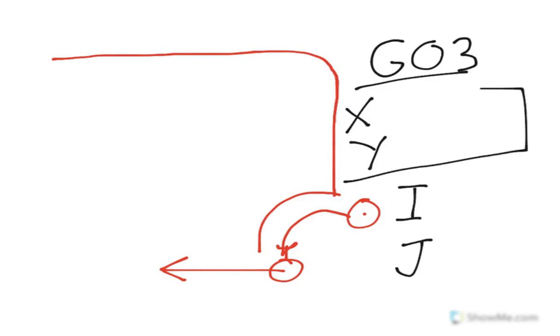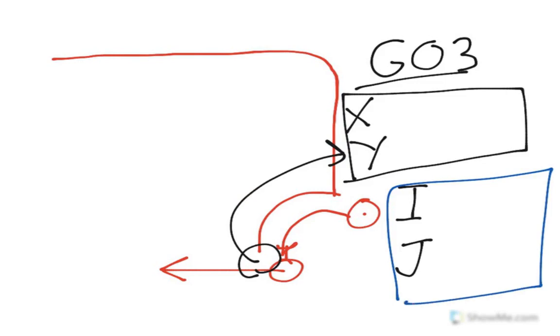So remember, this x and y is going to be the final location here that we're going to be moving to, and the I and j here is going to be the distance from here to the center of our arc. So basically this point here, and it extends to there. That's the arc we're going to be sweeping.